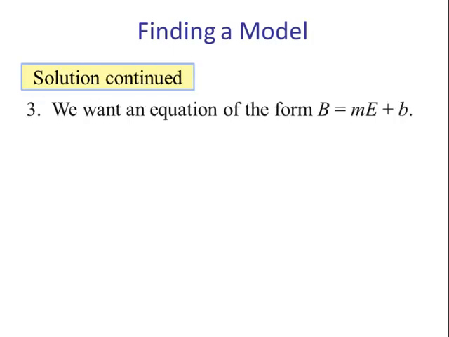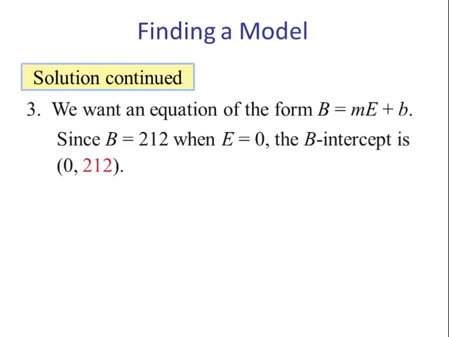Number 3, we want the equation in y equals mx plus b form, or in this case, since we're using B and E, we want it in the form B equals the slope times E plus the B-intercept. Now since B equals 212 when the elevation E is 0, the B-intercept is 212.